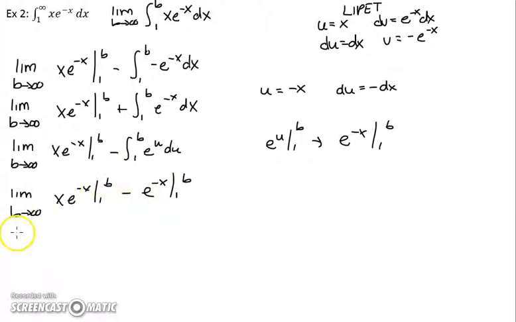So let's evaluate these from 1 to b. The limit as b approaches infinity of b times e to the negative b.